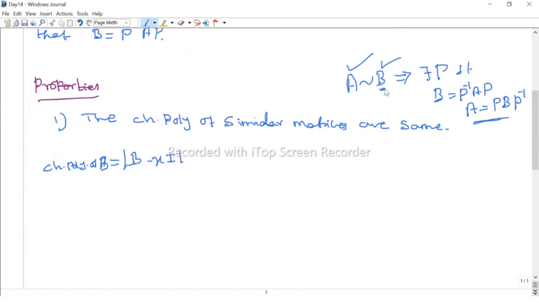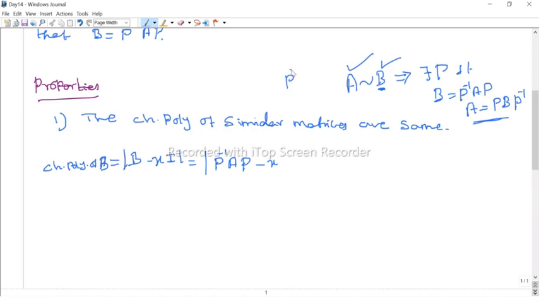First we start with the characteristic polynomial of B. That is the determinant of B minus xI. Since B is similar to A, this is the determinant of P inverse AP minus x times the identity matrix.